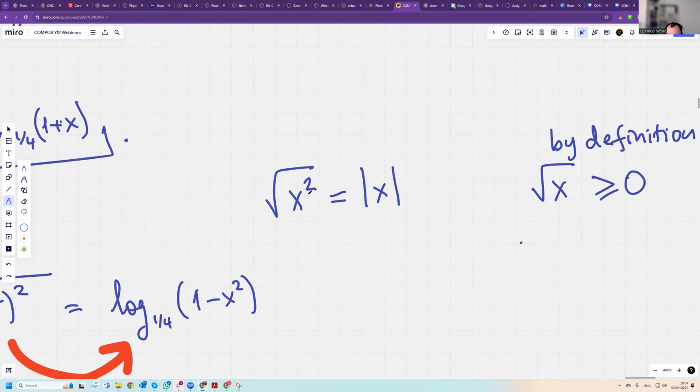Well, simply because it has the same properties. Like if you take minus 3 squared, it's going to be 3, not minus 3.